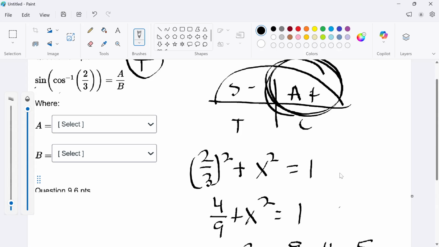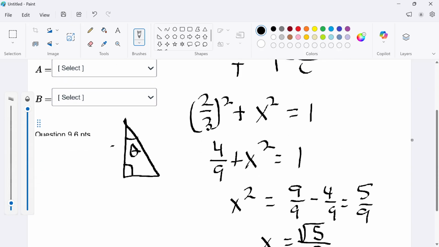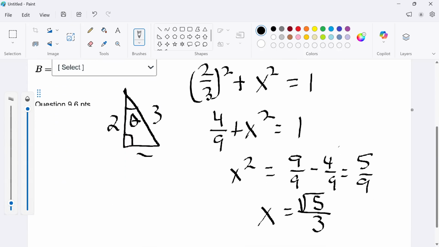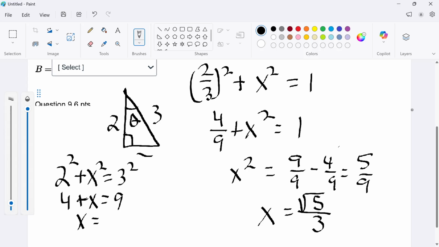The other way to do it is I could draw a little triangle and make some angle theta. I'll make that one theta. The cosine of theta is 2/3, adjacent over hypotenuse. So now I need to find the opposite, because then I can find the sine of that angle. So 2 squared plus x squared equals 3 squared. 4 plus x squared equals 9. x squared equals 9 minus 4, which is 5.